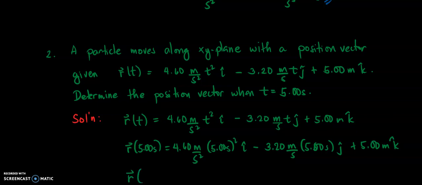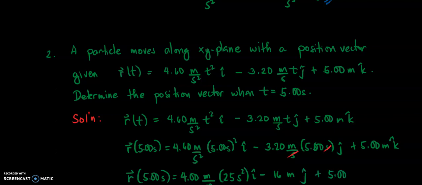Okay, so we have 4.60 meter per second square, square of 5 is 25, i hat, minus 3.20 multiplied by 5 gives you 16 meters as we cancel out the unit seconds, j hat, plus 5 meters k hat.